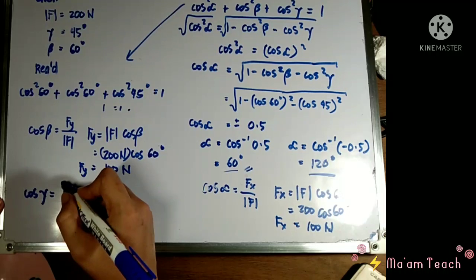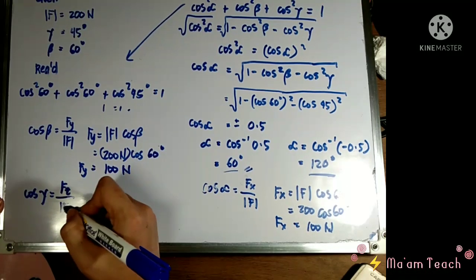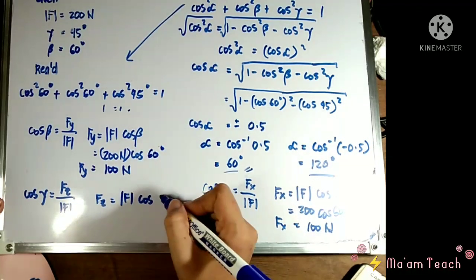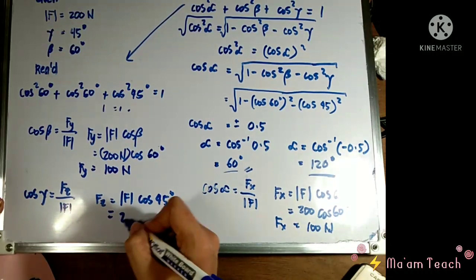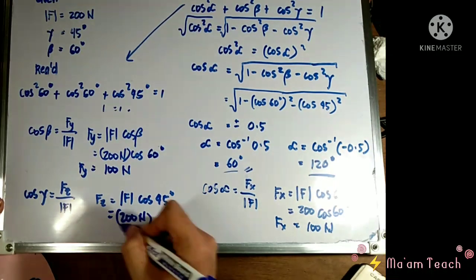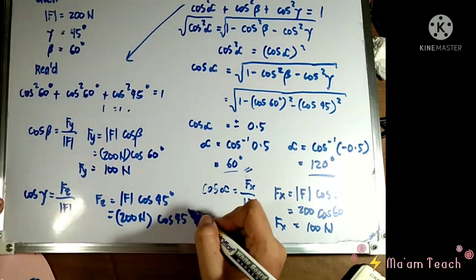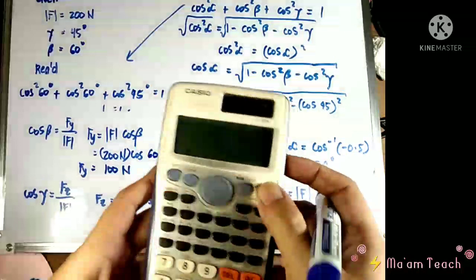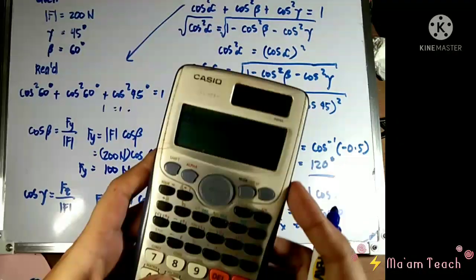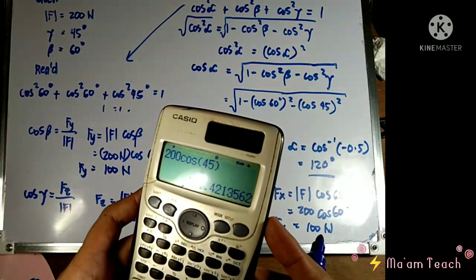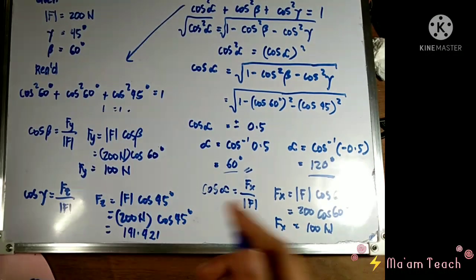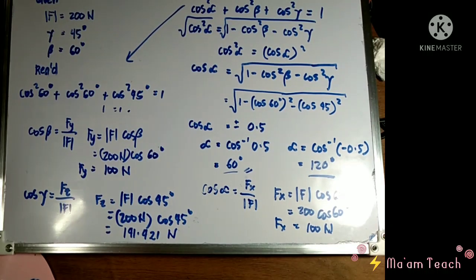Cosine gamma is the z component over the magnitude, so the z component is the magnitude times cosine 45. So 200 Newtons times cosine 45 gives you 141.421 Newtons. Okay, class? That's our x, y, and z components.